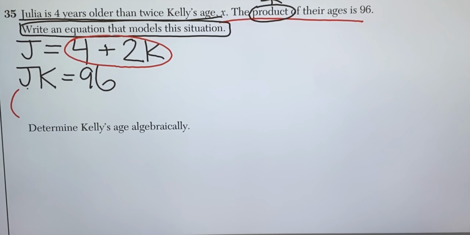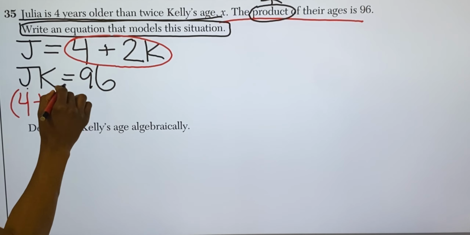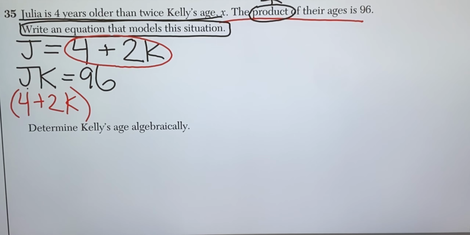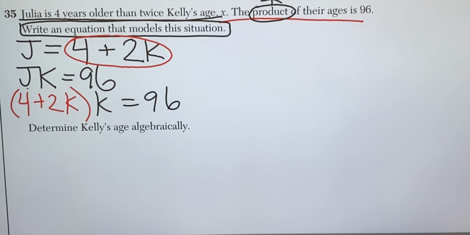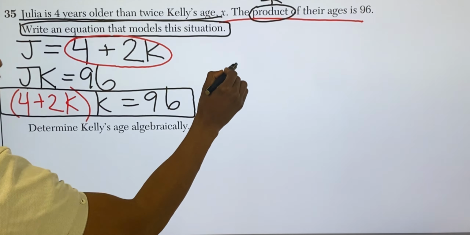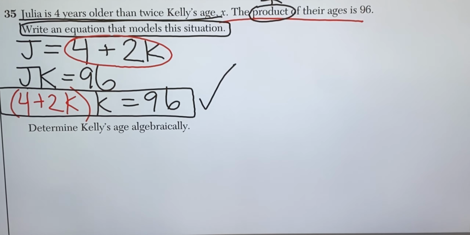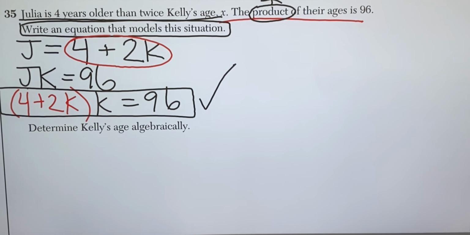So in parentheses, 4 plus 2K, close it up, times K equals 96. All I did was substitute the value of J in for this J here. Now we have an equation that we can use. There's only one variable, and it will help us get the value of Kelly's age, which is what we want for the next part.